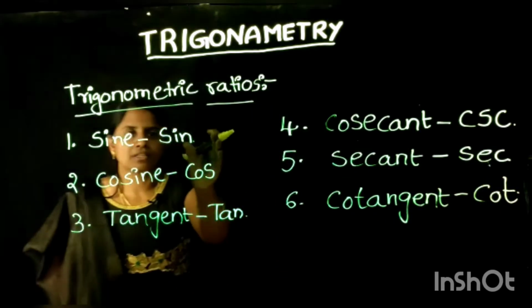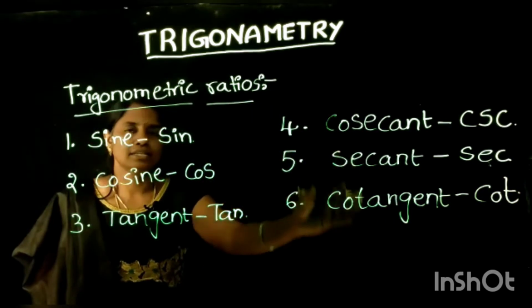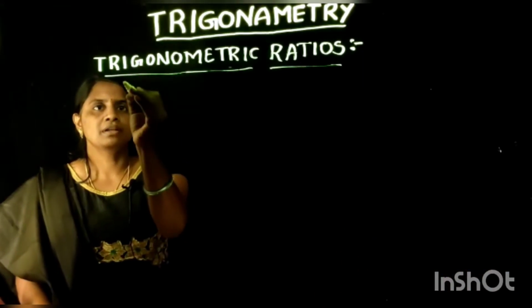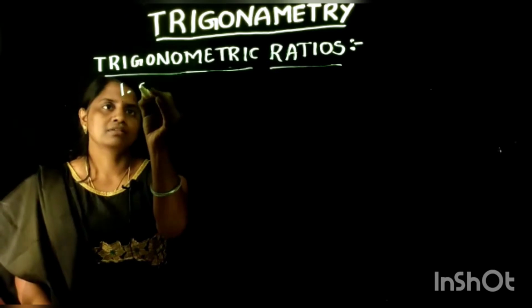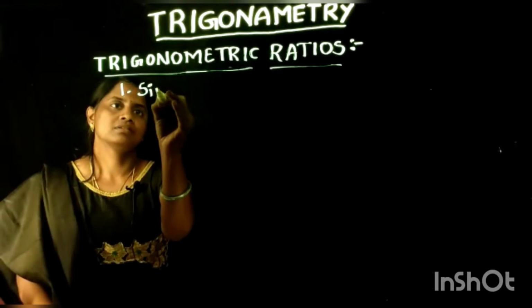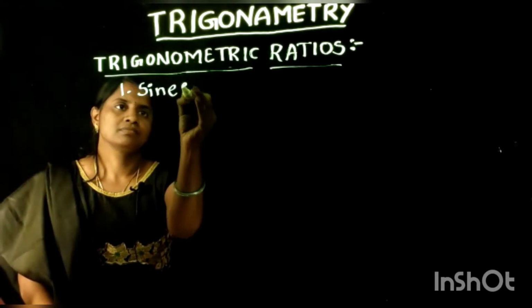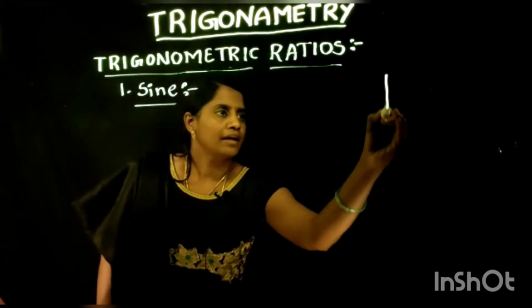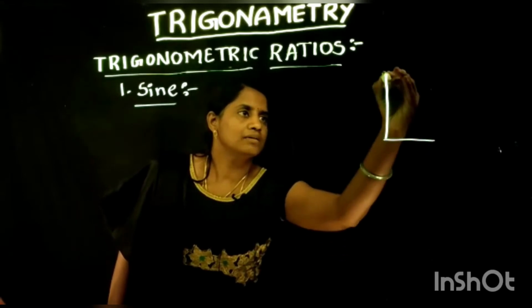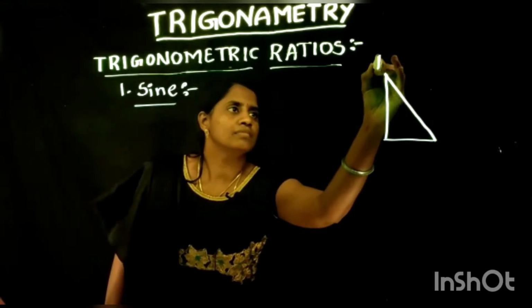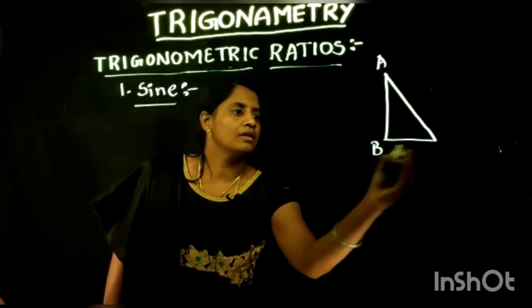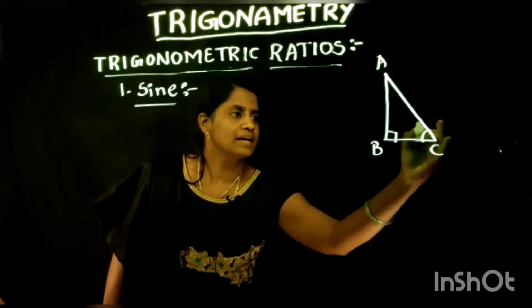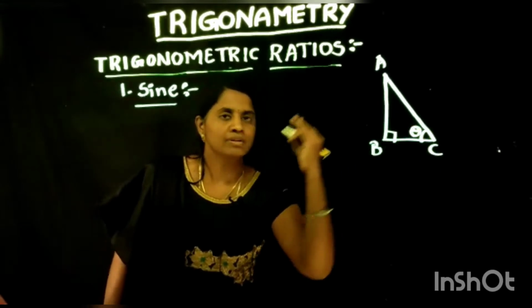Now we will learn the definitions of all these trigonometric ratios. The first trigonometric ratio is sine. Let triangle ABC have angle B equal to 90 degrees. Angle C is an acute angle.